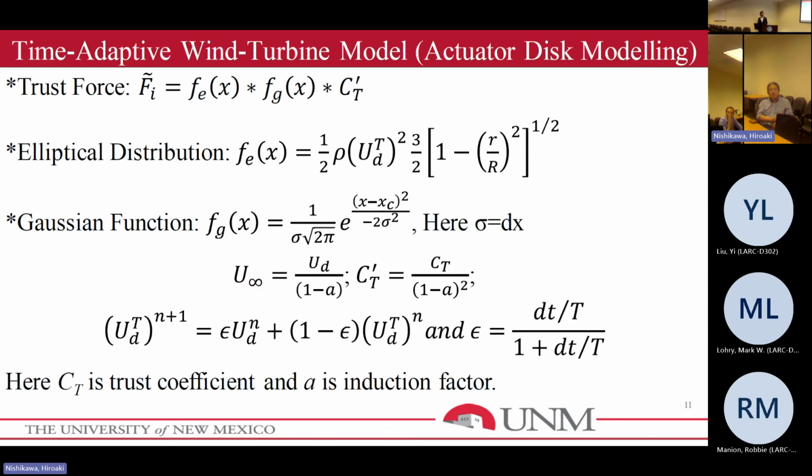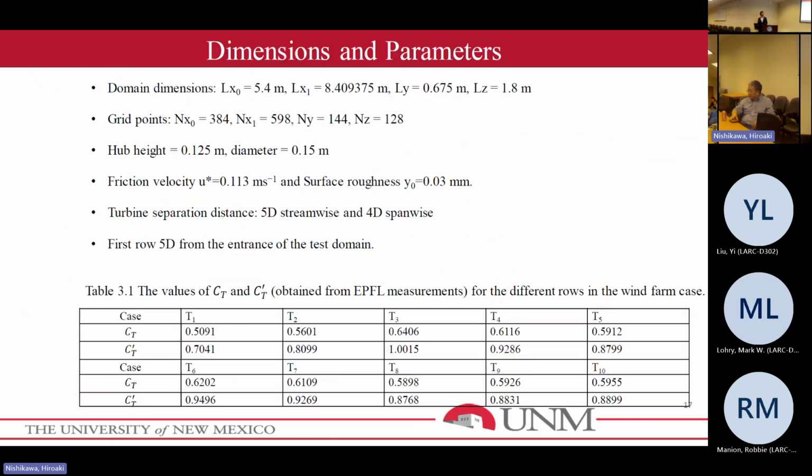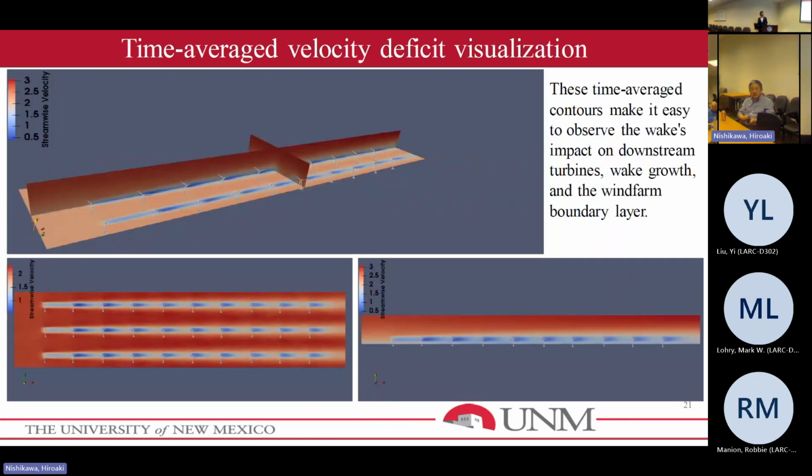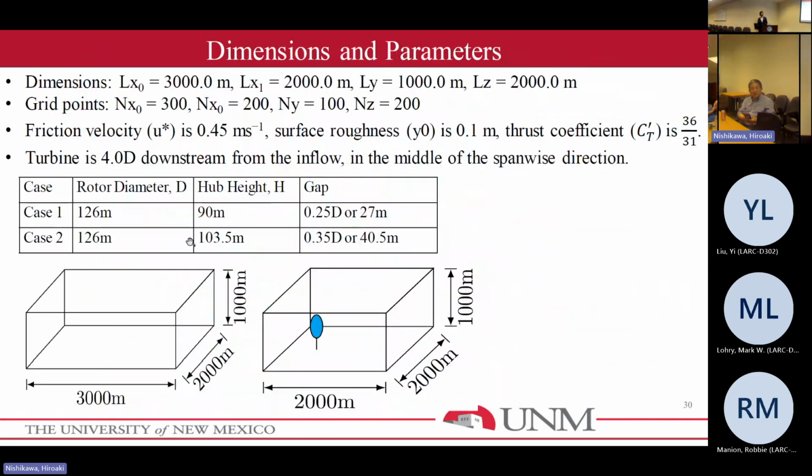If you see the domain size, this is the smallest domain size I used. For this case, it's 3 kilometers, 2 kilometers, and 1 kilometer. This is the smallest domain you can use for any LES or wind farm simulation, wind turbine simulation.